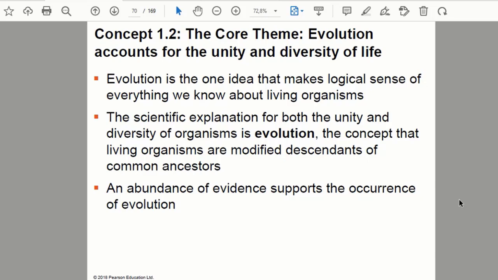So this idea makes logical sense of everything that we know about living organisms. And for religious purposes, I apologize if this offends, but this is just a biological point of view. The scientific explanation for both the unity and diversity of organisms is evolution.